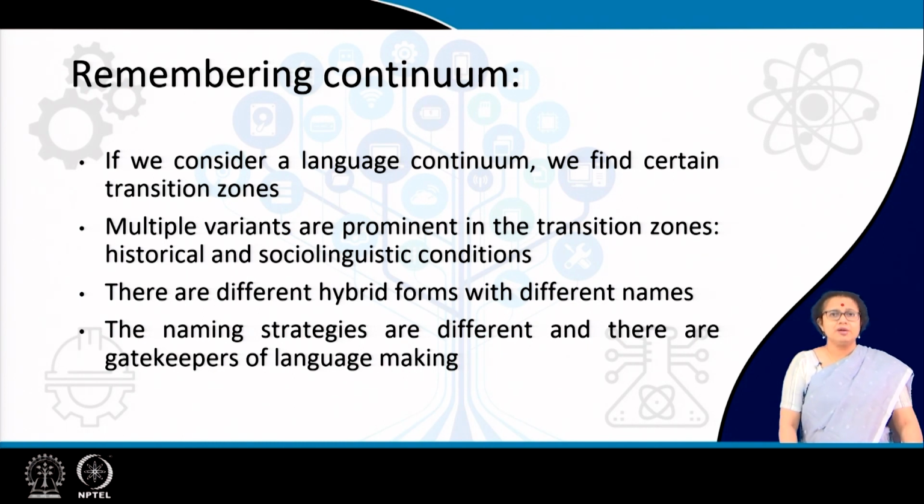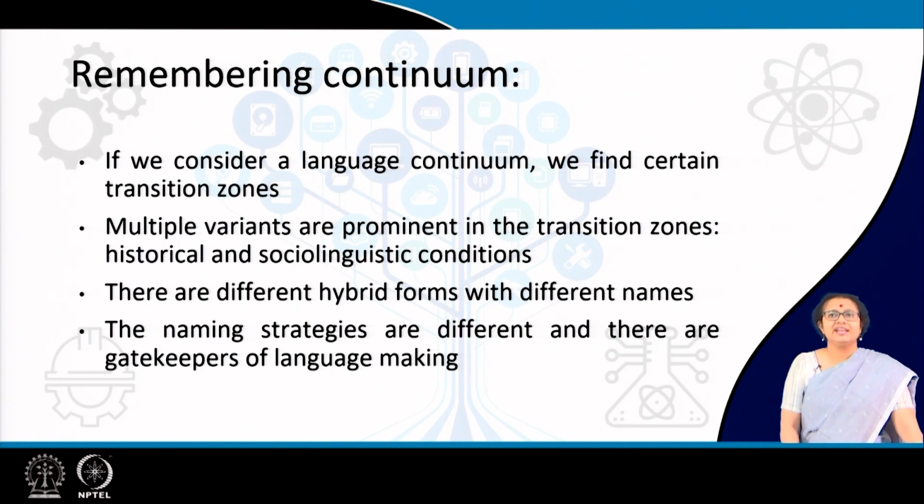So, when we think about the hybrid forms, we can find that there are different names of these hybrid forms, and popular perceptions often consider them as different languages. At times you can see that these are basically different names for the same kind of hybrid forms. If you are familiar with Ethnologue, I already asked you to go through the Ethnologue website for clarification of something previously.